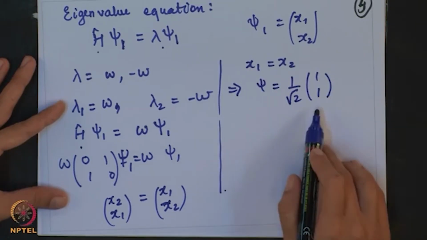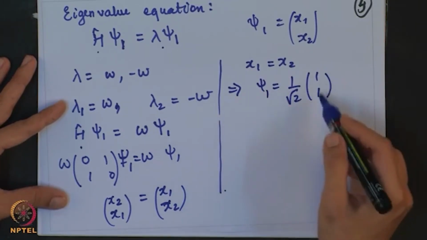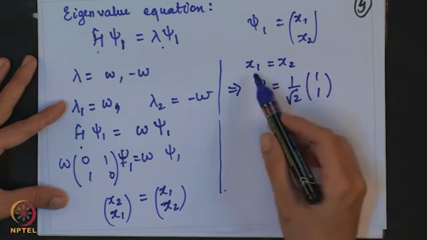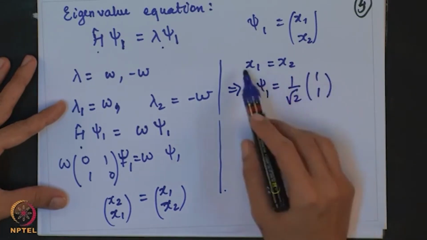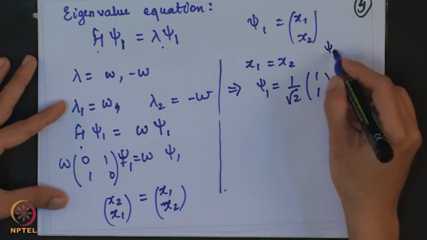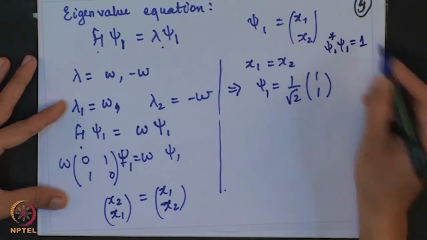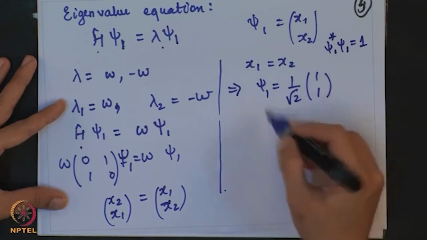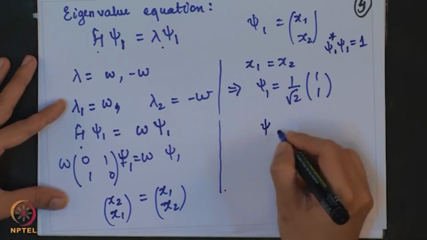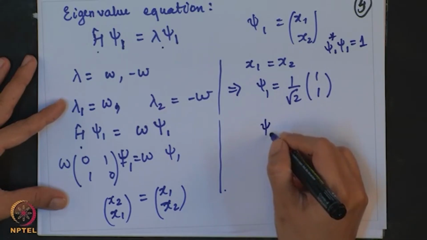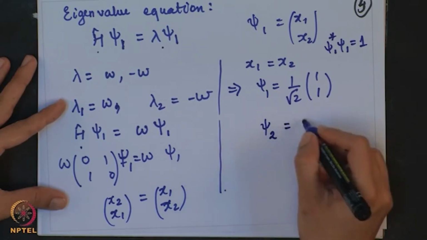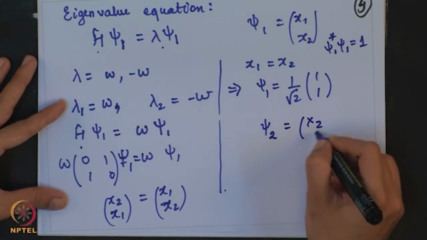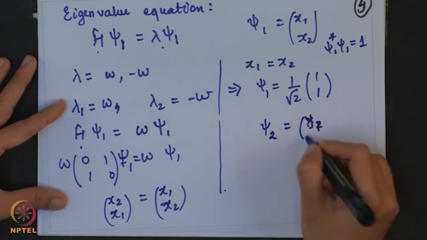It is very simple to see that your psi 1 is nothing but 1 1. So, how do I get the values of x here? Again I will use the normalization condition. Psi 1 star psi 1 is 1, then you find out the normalization factor. Now, again for psi 2, let me call it y1 and y2.